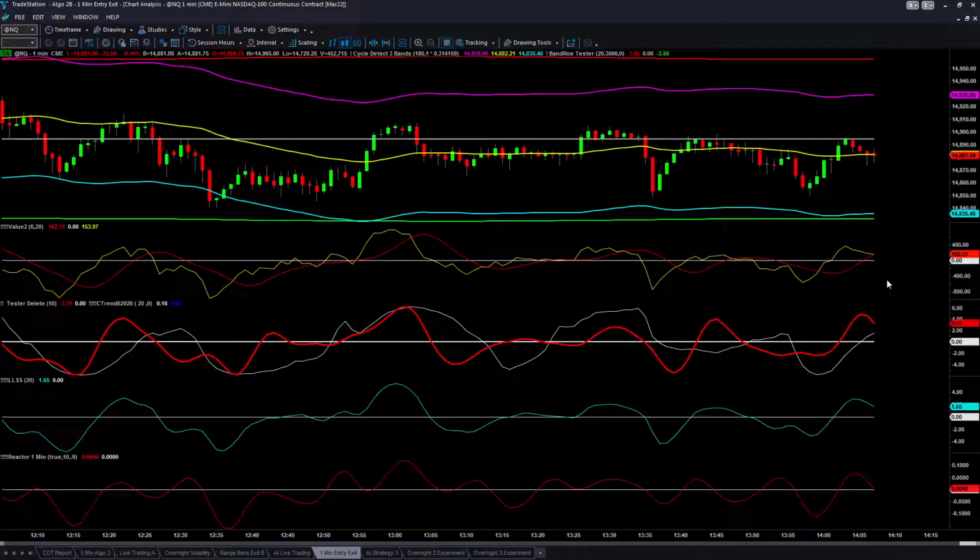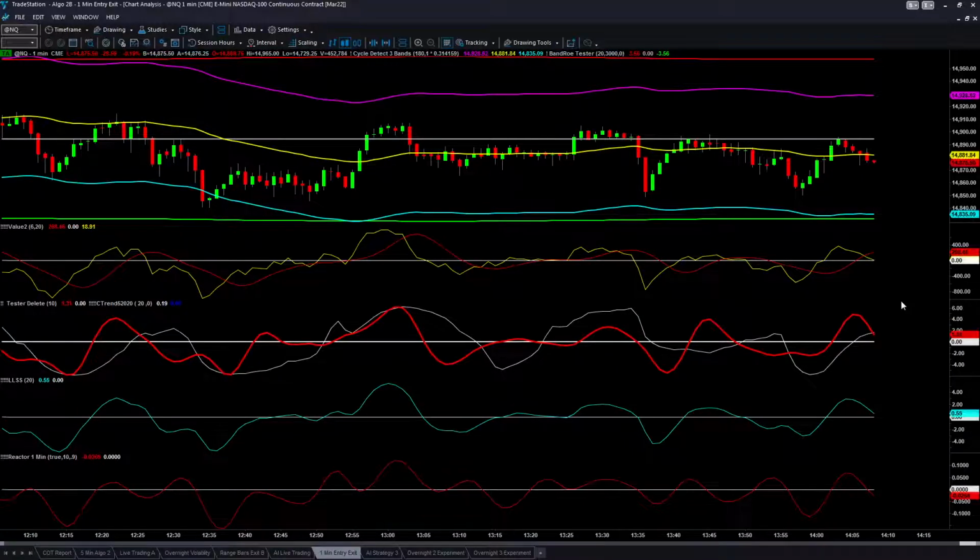Consolidation. We're at the 50% mark, in case you're wondering, at consolidation right now. At the 50% mark. Wow. Okay. Been in consolidation for an hour and 5 minutes.